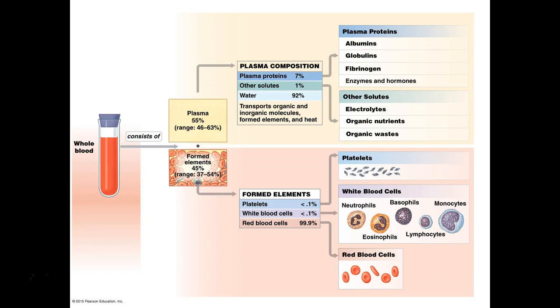Some of these we'll talk about when we talk about blood, but we'll talk about a lot more about their function in the immune system. For the plasma, we talked a lot about these already. We have electrolytes, we have nutrients, we have waste, and then we also have some of the clotting factors, so the fibrinogen.